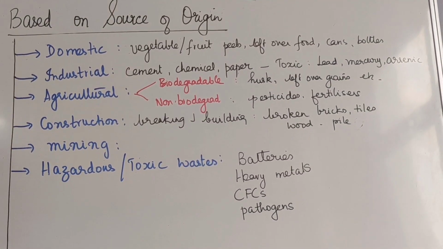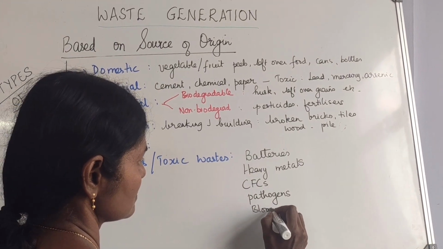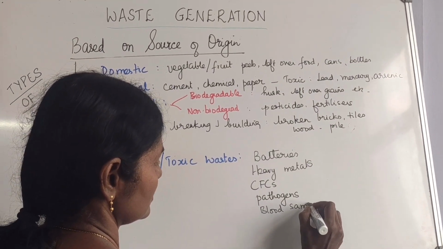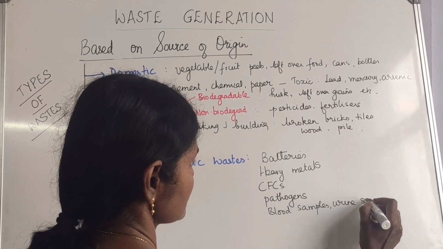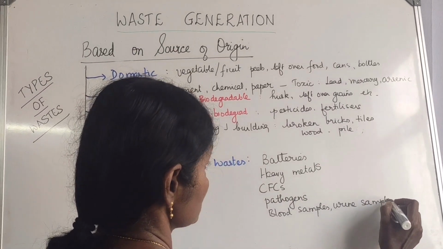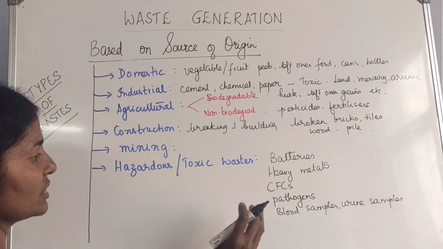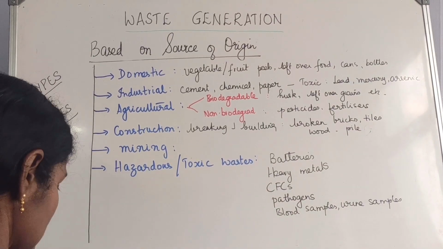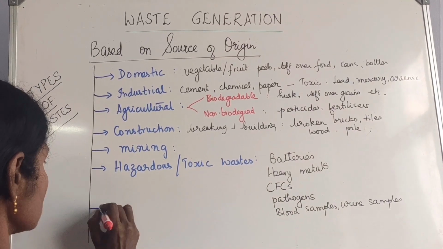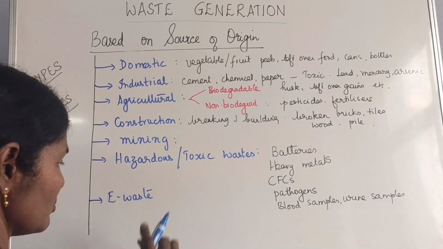These are also hazardous. In the laboratories, we have blood samples, urine samples, which are all hazardous. These are hazardous waste which we have to take care with. We have to really take utmost care to dispose of it in the right manner.